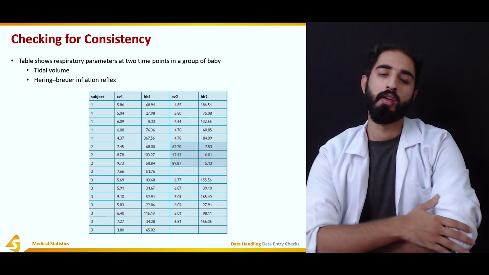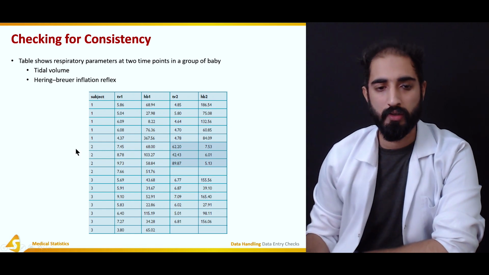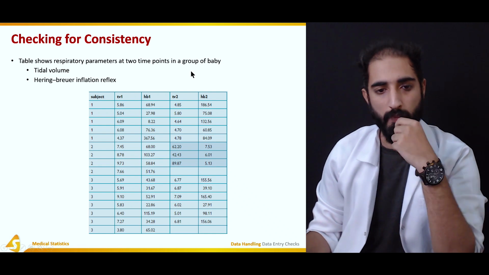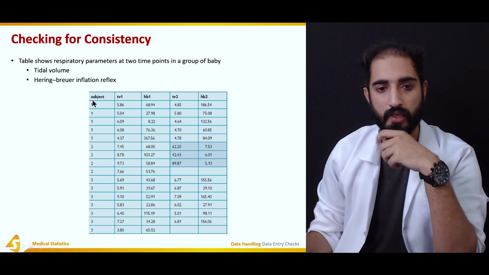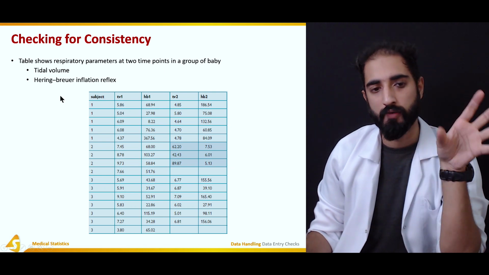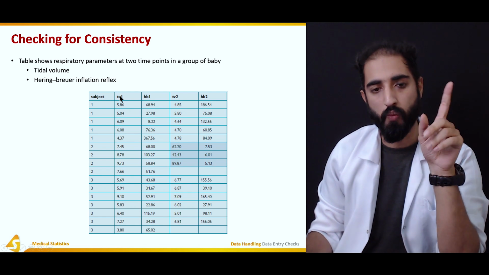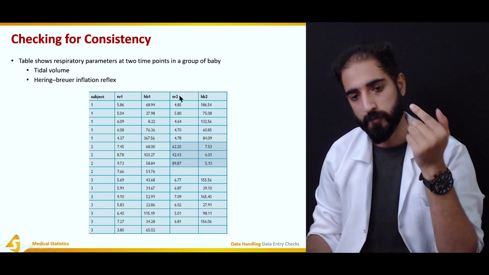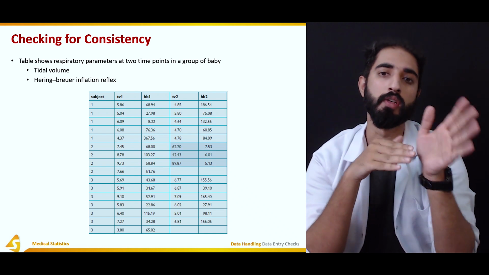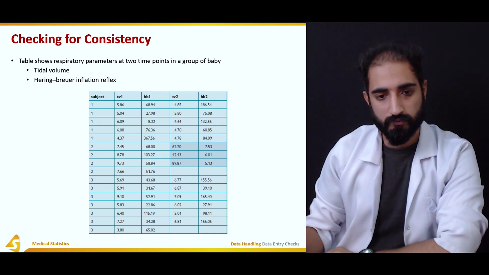Now, the second one was checking for consistency. This table shows respiratory parameters at 2 times in a group of infants in a research study. TV stands for tidal volume and HB for Hering-Breuer inflation reflex. So we have TV1 and HB1, and TV2 and HB2, which denotes that these values have been taken at 2 different time points.